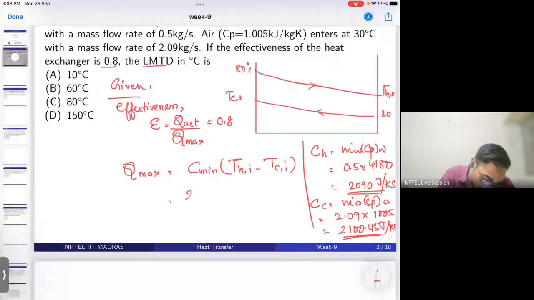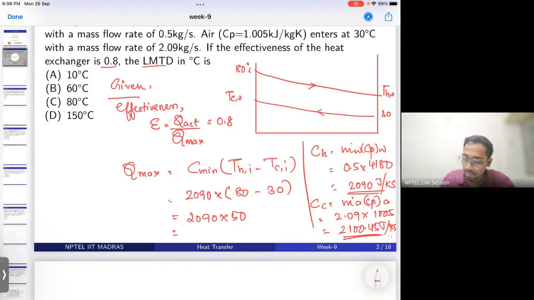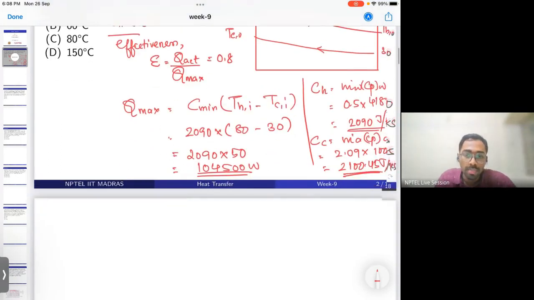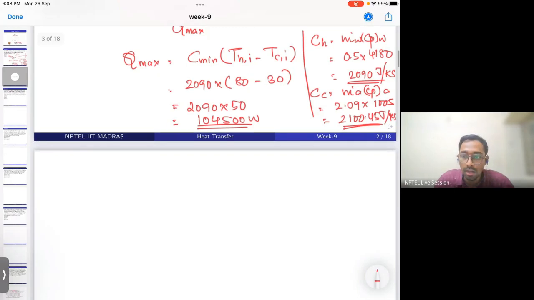We substitute this into THI 80 minus TCI 30. That is 2090 into 50, which comes out to be 104500 watts. This is the maximum possible heat transfer that can happen in the heat exchanger.